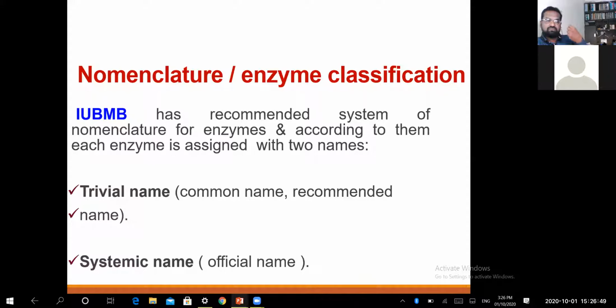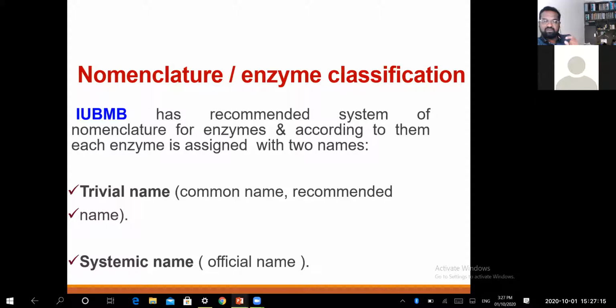When you do research and you come across one particular newer kind of enzyme, you may give whatever name you like to that enzyme, that is referred to as the trivial name. But after systemic studies, what kind of reaction the enzyme carries out, what substrates are involved, what kind of product is formed, based on that there will be a systemic classification of the enzyme, and after that, the systemic name will become a universal entity.